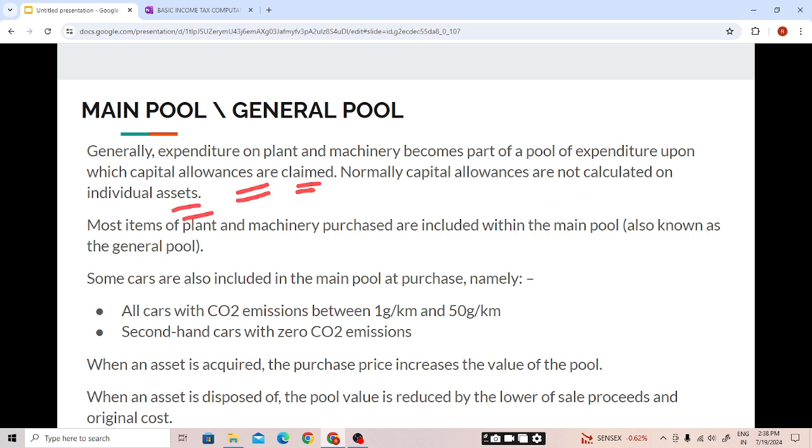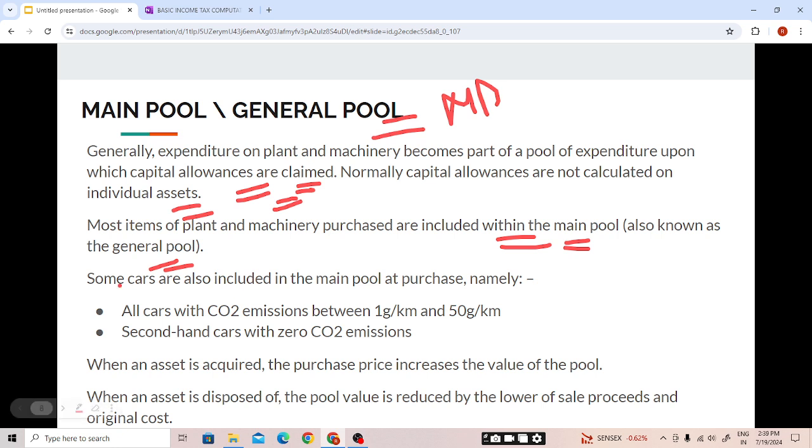We need to run a business and have many assets so that we can calculate capital allowances. Most items of plant and machinery purchased are included within the main pool, also known as the general pool. So most of the plant and machinery will be under the head of main pool, but some certain assets will be dealt with under the special rate pool or private asset pool or short life asset pool. We'll be covering these in more detail.